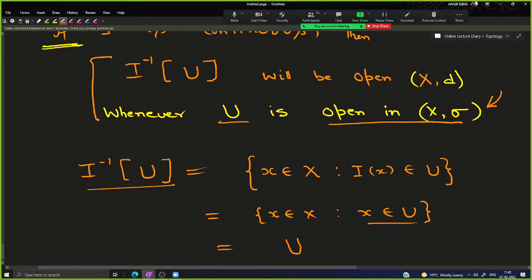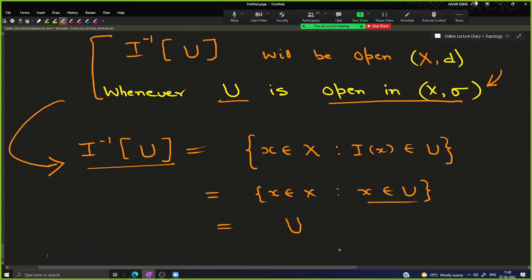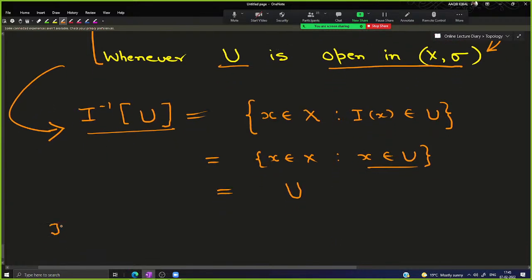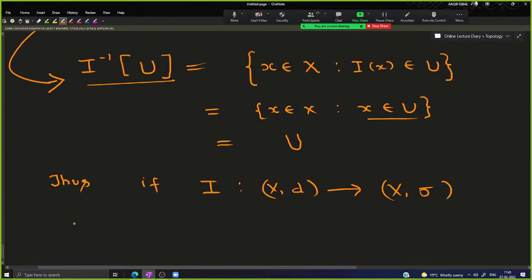तो अगर आप इसको अब लिखेंगे by incorporating this piece of information, तो आप ये कह सकते हैं. Thus, if f, sorry, not f, I, the identity mapping, thus if I from xd into x sigma is continuous, तो फिर ये होगा. मैं इसको अब समराइज कर रहा हूँ.